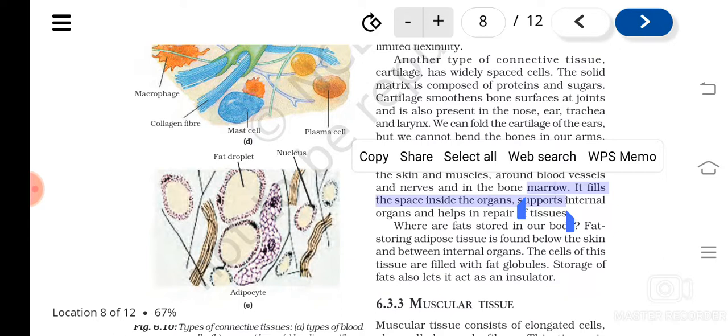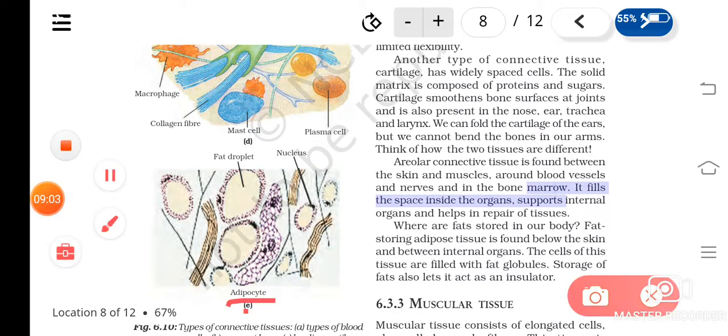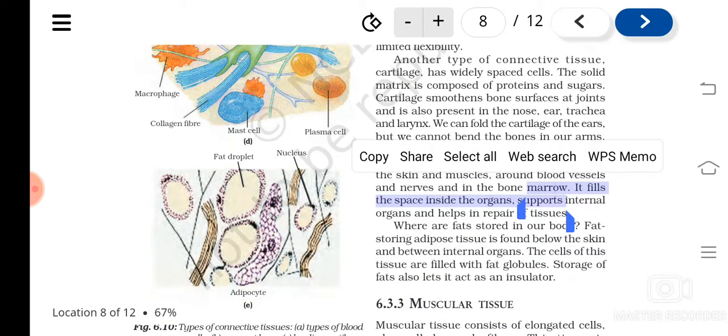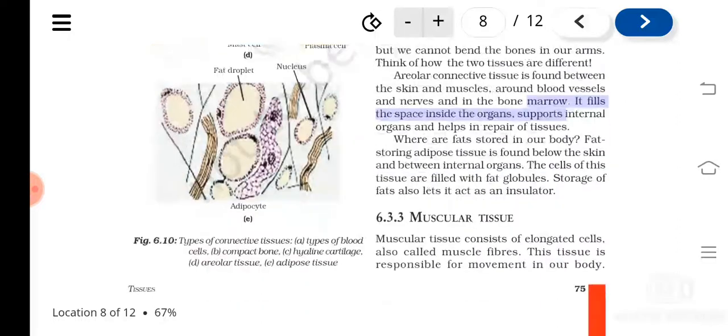So the cells of adipose tissues are known as adipocytes. Okay, adipocytes. And these adipocytes are filled with fat globules, and the function of them is to store the fat and act as an insulator. So everyone understood?